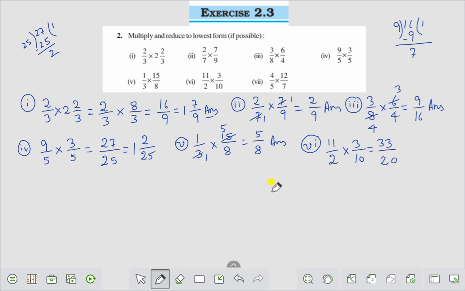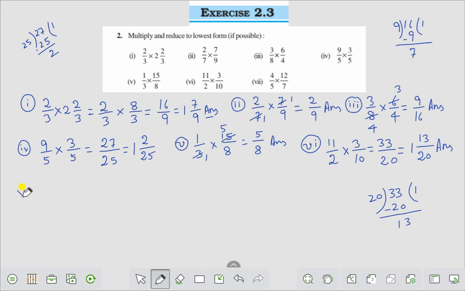Now if we divide 33 by 20, 20 1 is 20, 33 minus 20 is 13. That is, we can write here as 1 whole 13 by 20. This is the answer of question number 6.